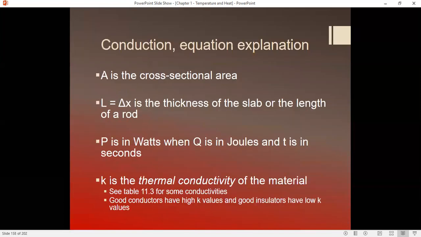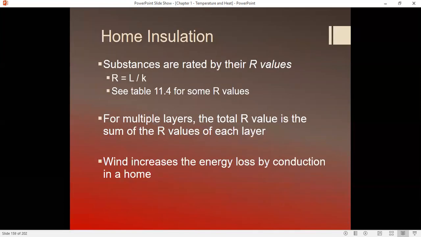Okay. So again, power is equal to the thermal conductivity times the difference in temperature, the cross-sectional area, and then also the thickness.